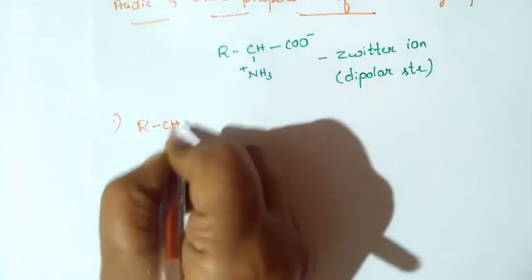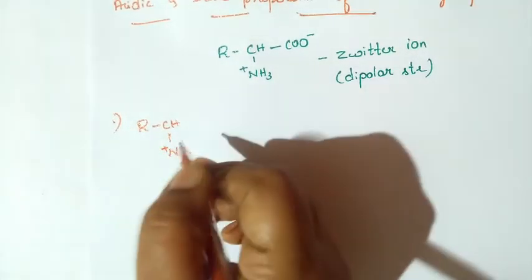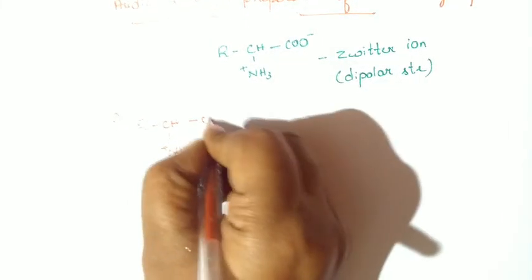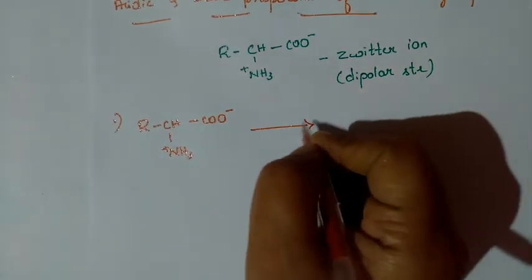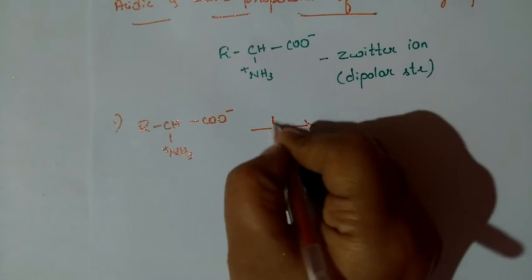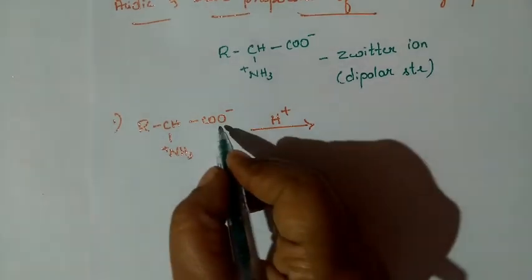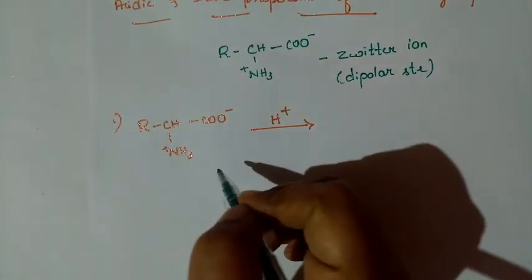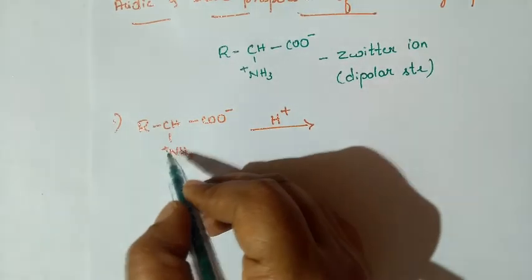So CH, we have NH3 plus, we have COO minus. We are adding H plus ion to the Zwitter ion or alpha amino acid. Now COO minus is there. On nitrogen you can observe a positive charge.